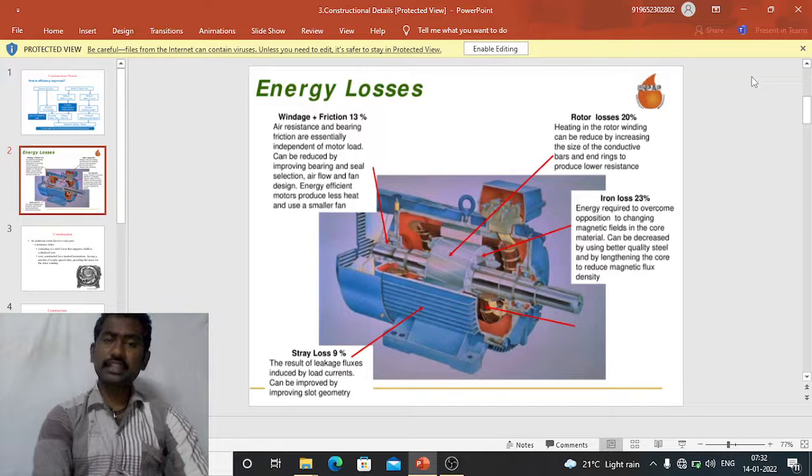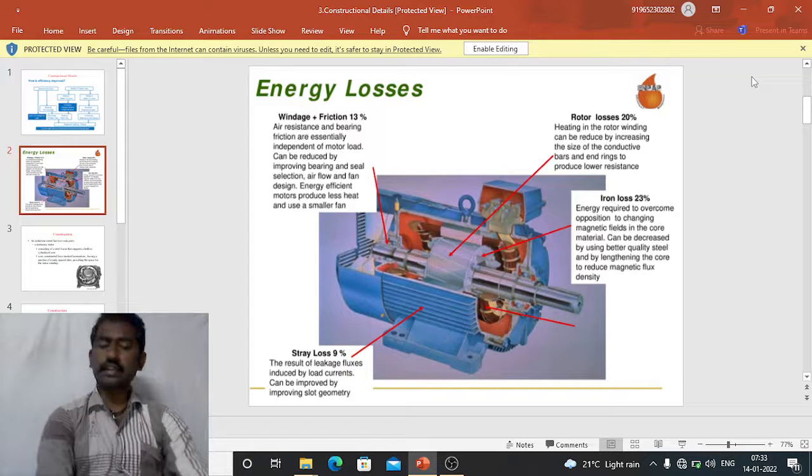And windage and friction losses, air resistance and bearing friction are essentially independent of the motor load and can be reduced by improving bearing and seal selection, airflow and fan design. Energy efficient motors produce less heat and use a smaller fan.